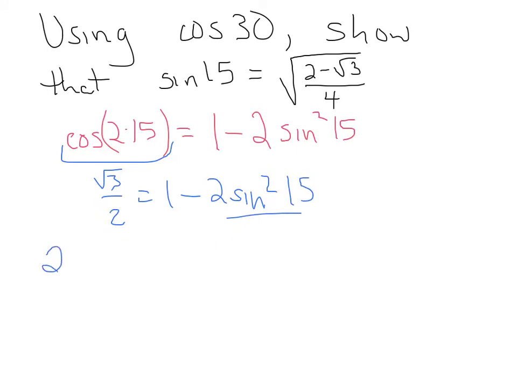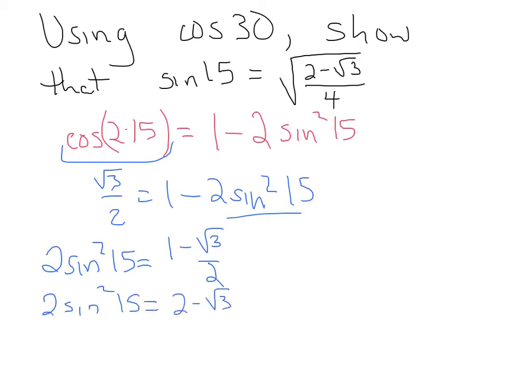So we have 2 sine squared 15 equals 1 minus square root 3 over 2. And I'm going to get a common denominator now. So 1 is the same thing as 2 over 2, so 2 sine squared 15 equals 2 minus square root 3 over 2.